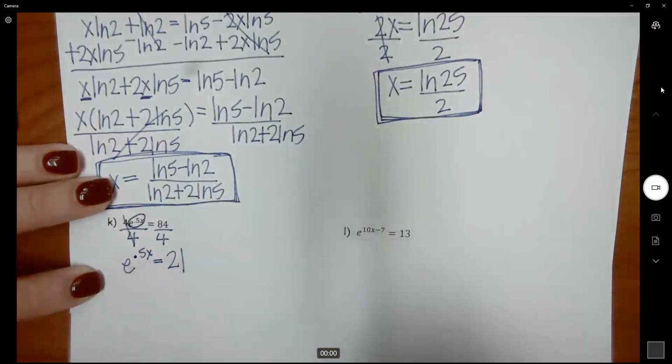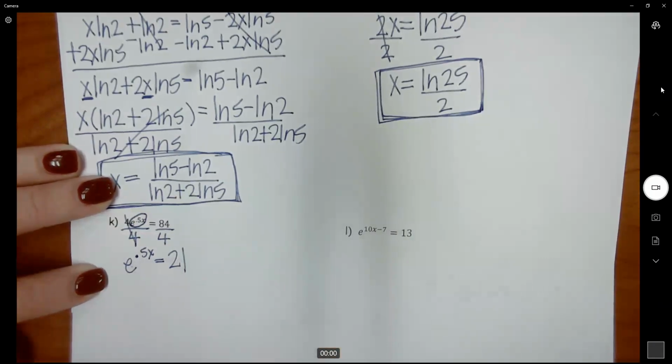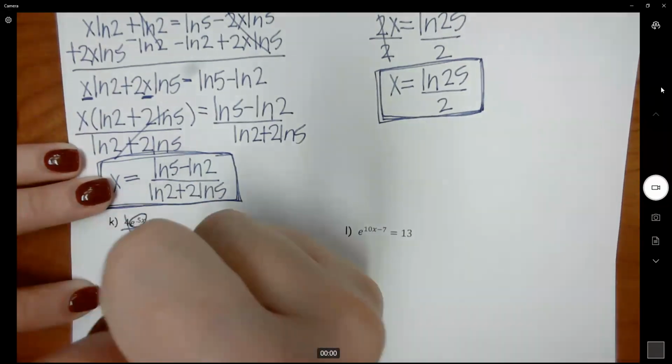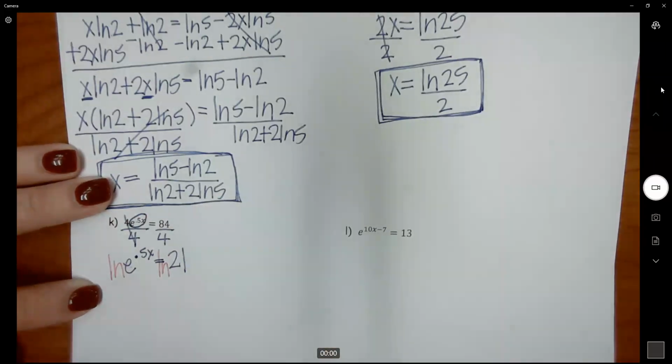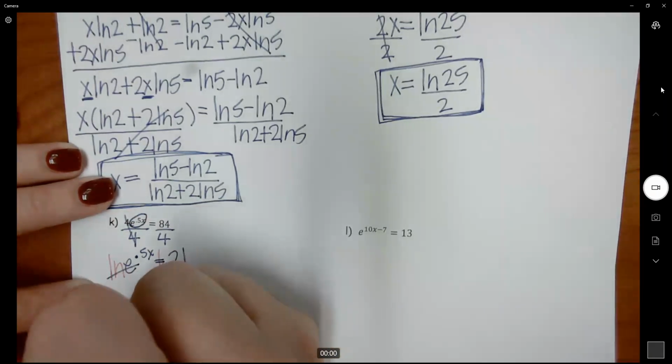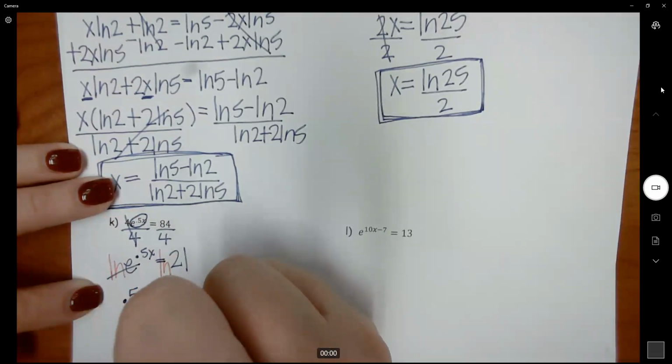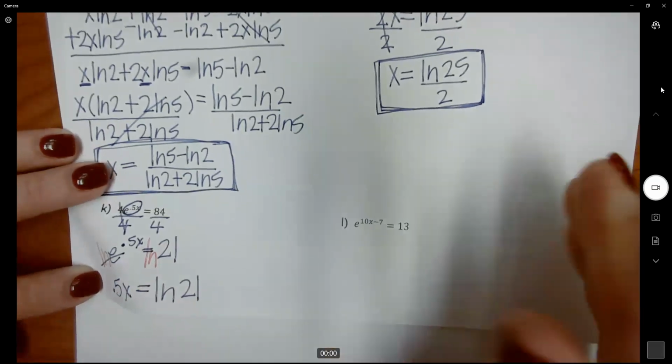How do you get rid of an exponential with a base of e? Well, the opposite is the natural log. So those cancel, and I'm left with what the exponent was. 0.5x equals the natural log of 21.